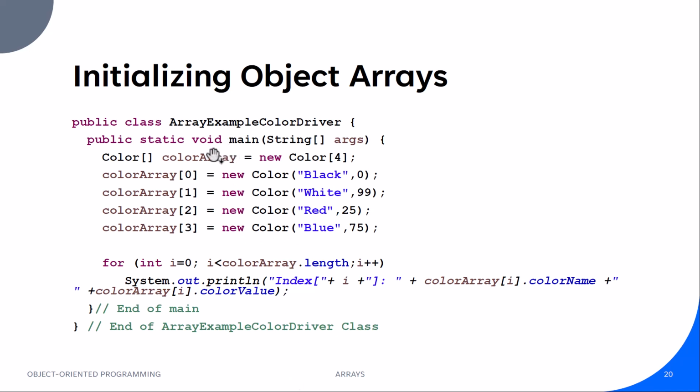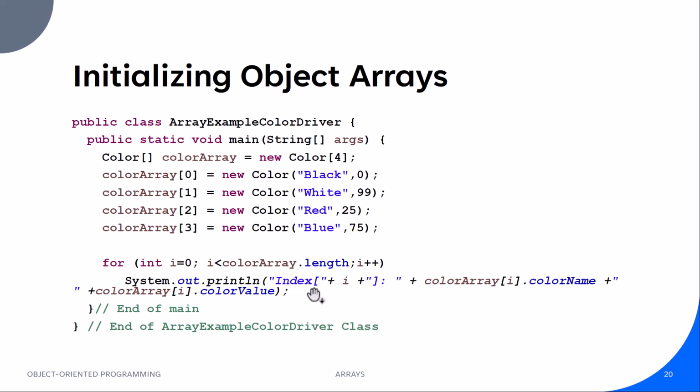Here's the driver class for the color class. Now we have the main method, and within the main we are going to create our color array, and we are going to indicate the number of elements in this color array. And with each index we are going to create a new color object and assign the reference to this color array element. We have the black, white, red, and blue.